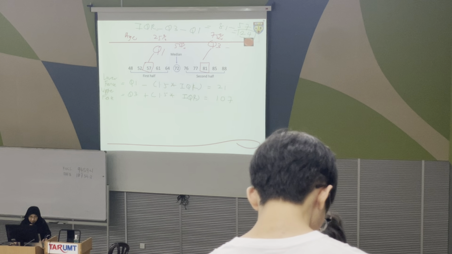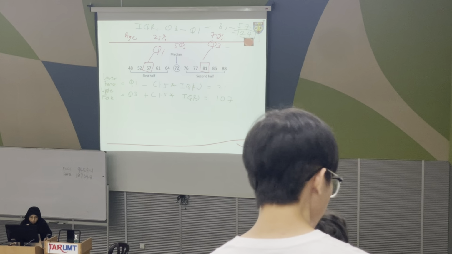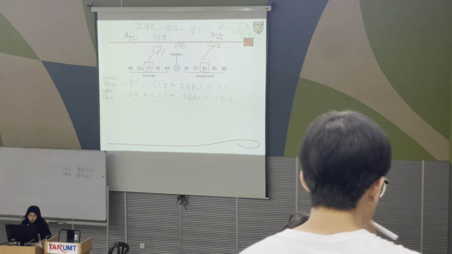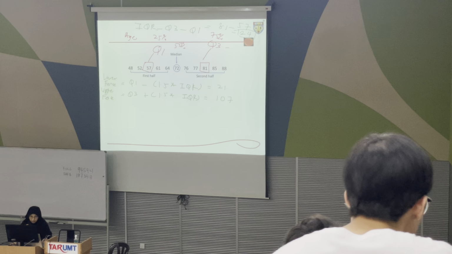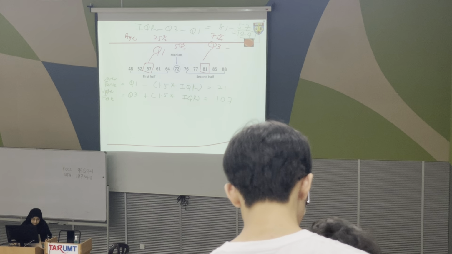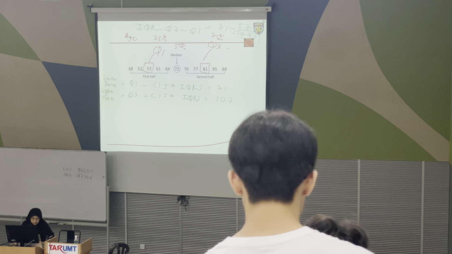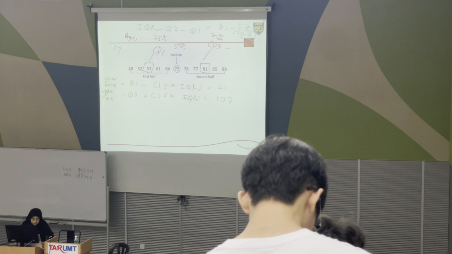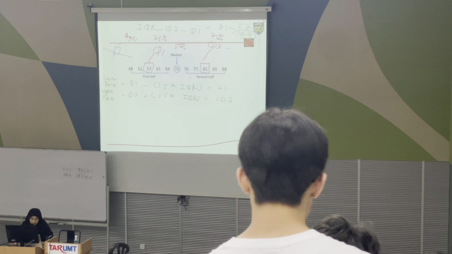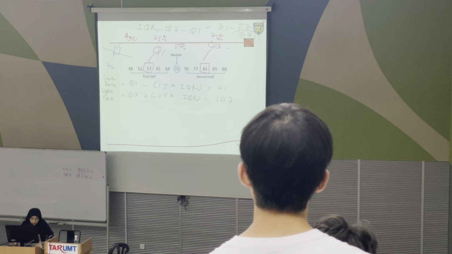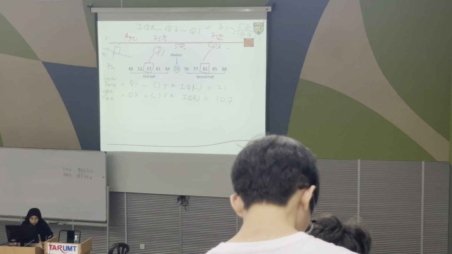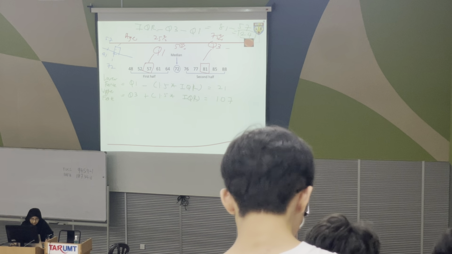Okay, so assuming that from this data set you want to draw your box plot, where to draw? The median value is 72. Q1 is 57.